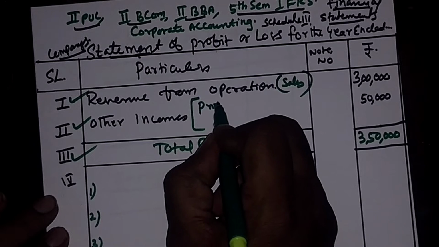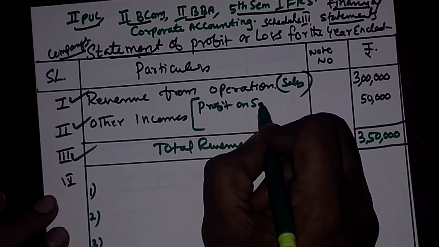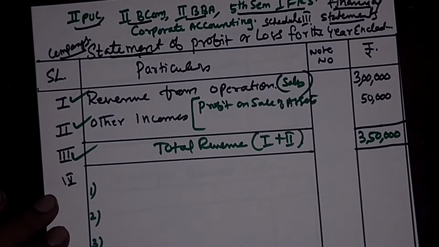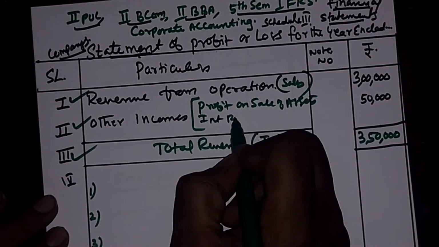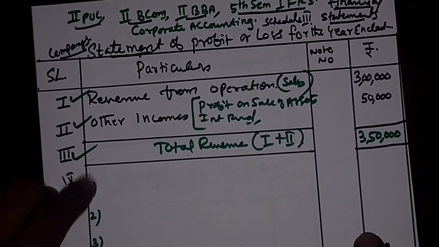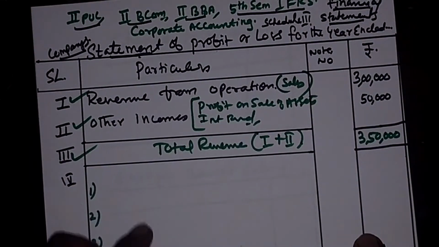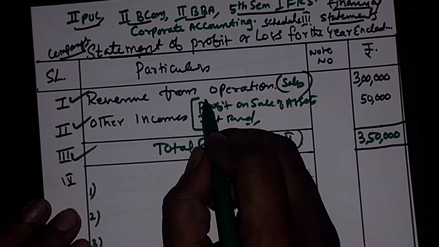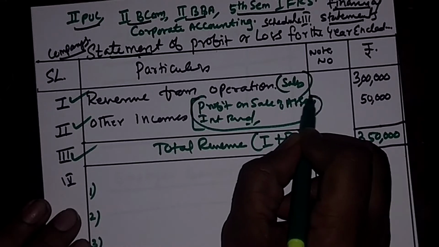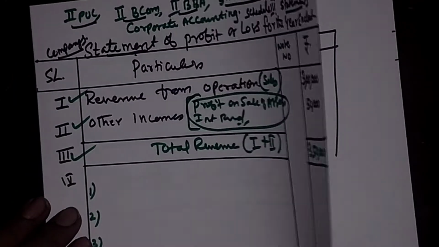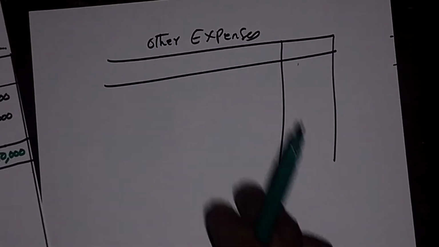One, it is profit on sale of assets or interest received on investment or discount received, like that, which is not from operating activities, which is other than operating activities. So in case all these entries are given separately, we have to maintain separate calculations like this.